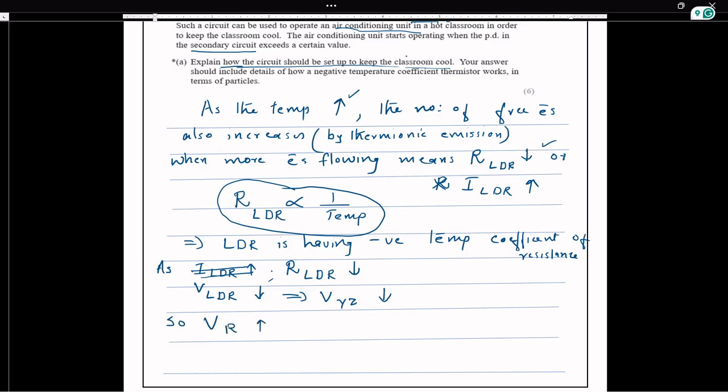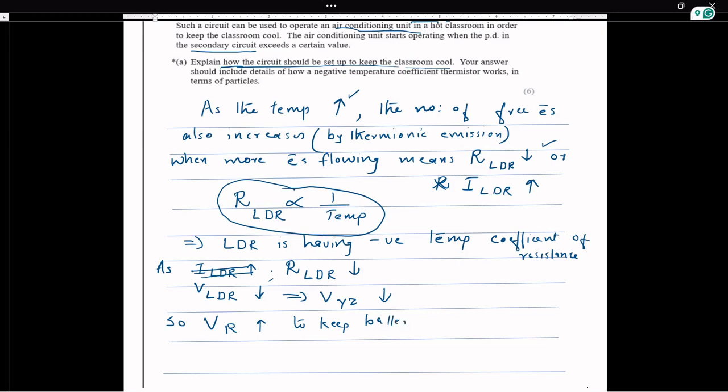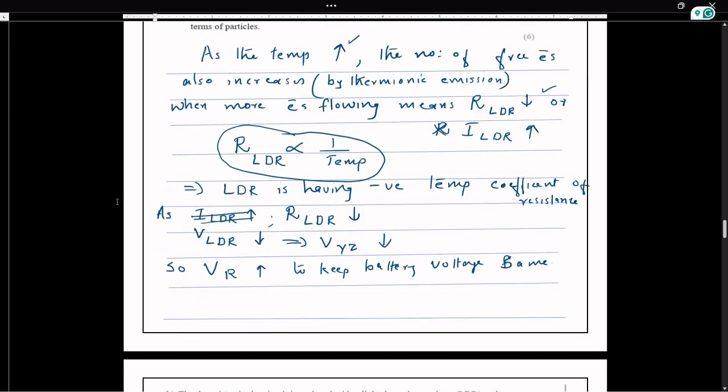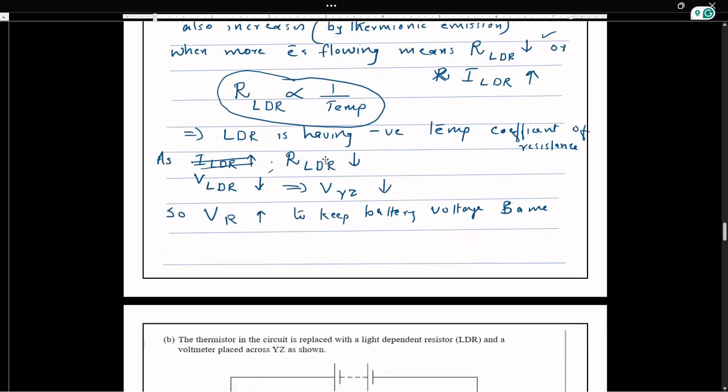It has to increase to keep the battery voltage the same. So as the resistance of LDR decreases, the drop across LDR decreases.